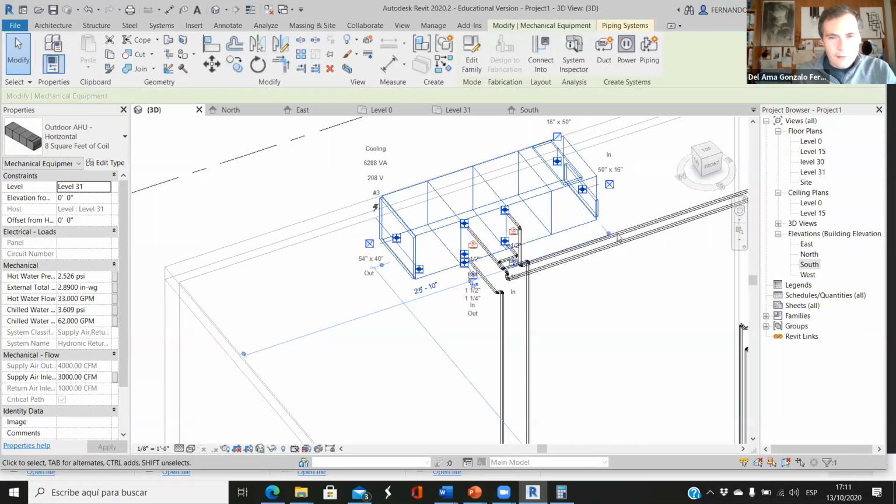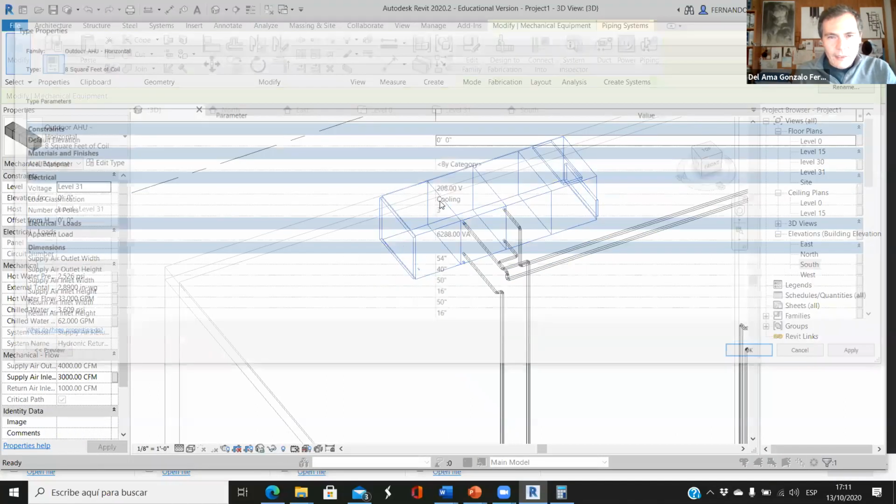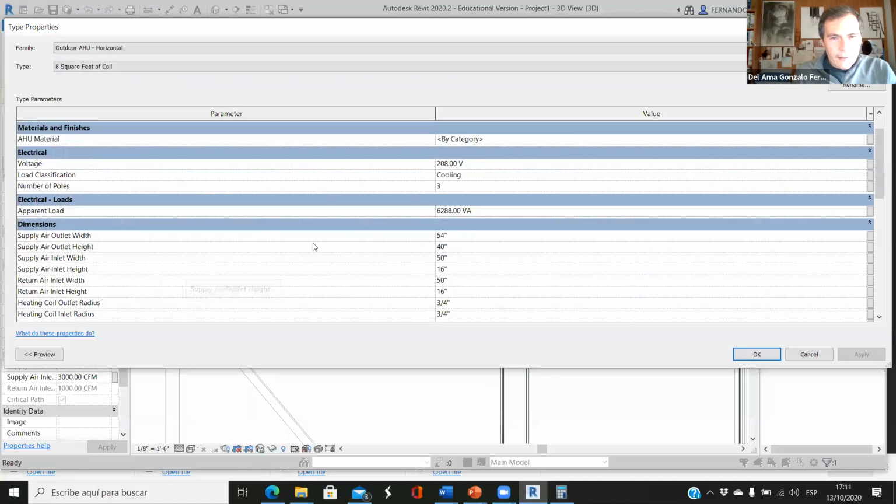So we can select the air handling unit, we can edit the pipe, and the supply air width, so let's make it 30.